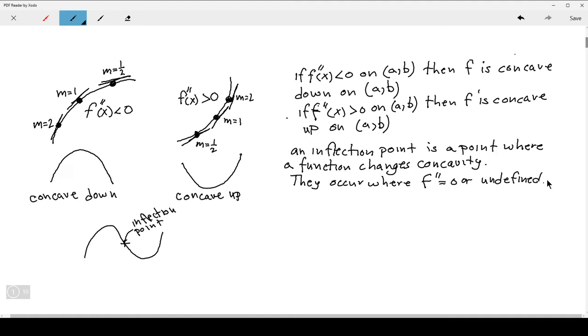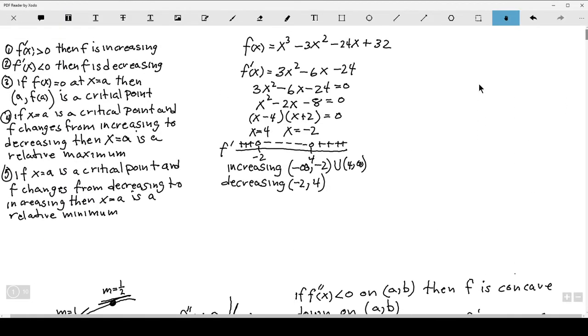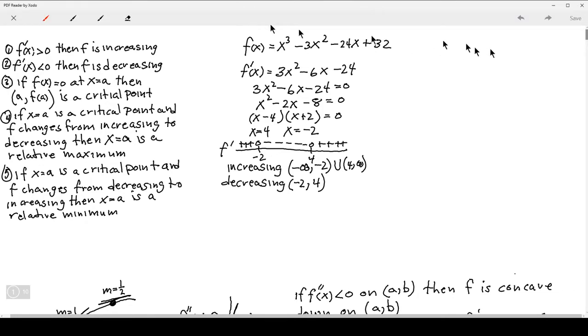So if we go back up to our original function from last class, let's take the information that we started with here. We're going to find the second derivative, and we're going to find the point where the second derivative is 0, and we'll see if we have an inflection point, and we'll see where the concavity goes.